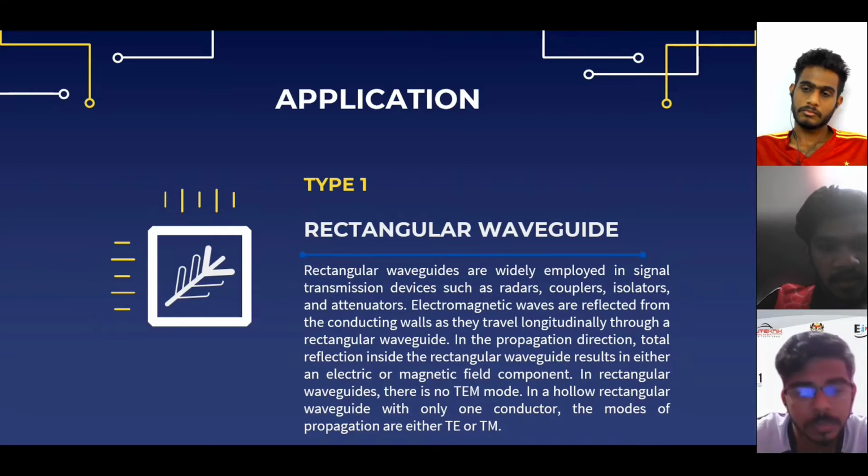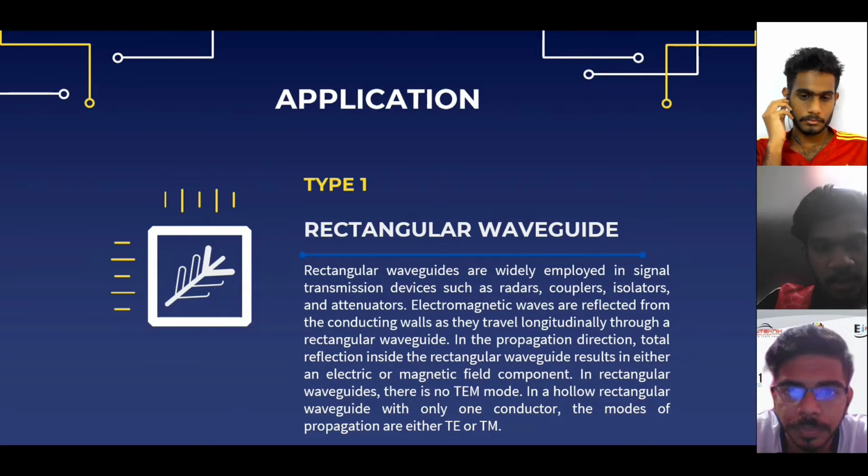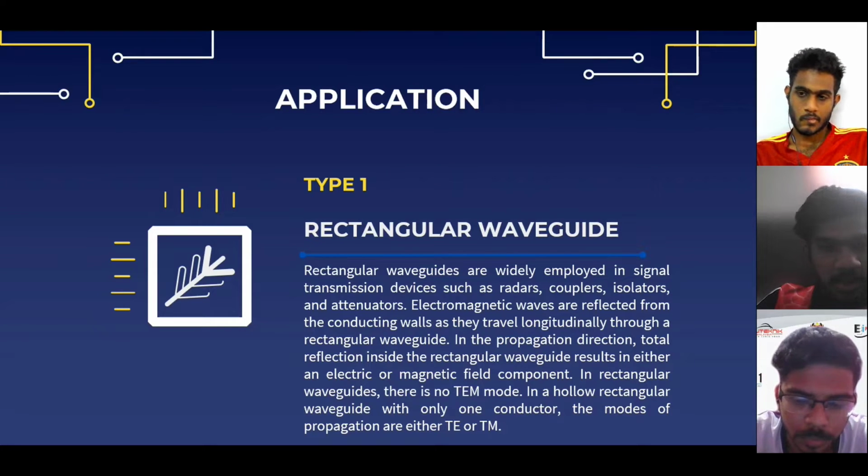First, rectangular waveguides are widely employed in signal transmission devices such as radar, coupler, isolator, and attenuator. Electromagnetic waves, as I just said, are reflected from the conducting walls as they travel longitudinally through a rectangular waveguide.